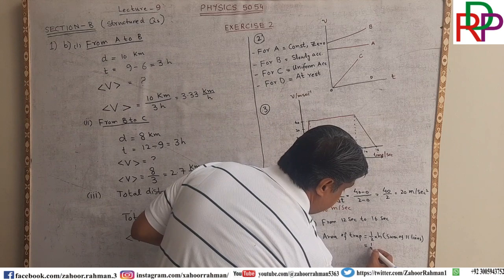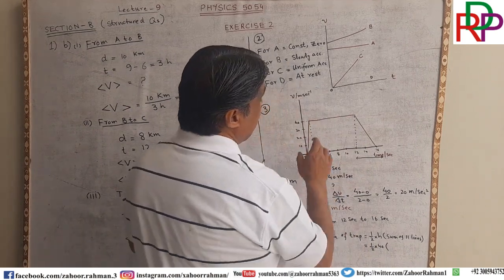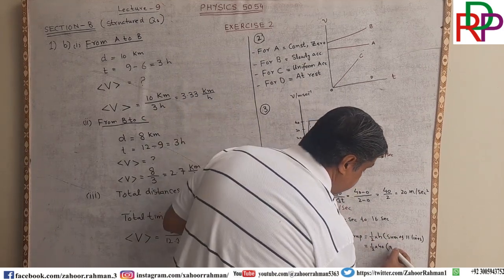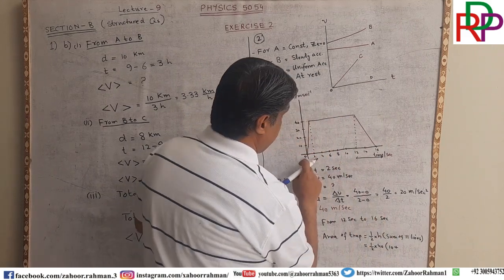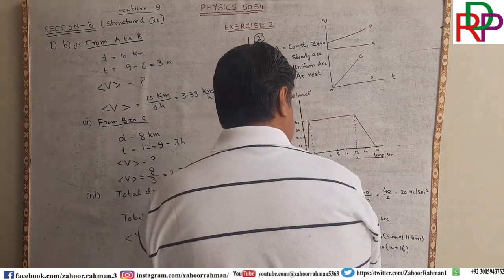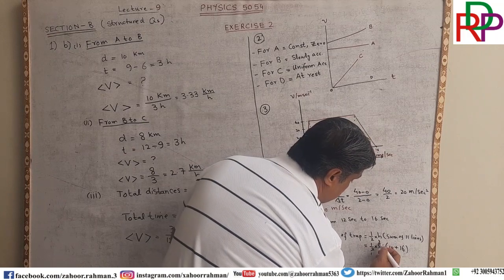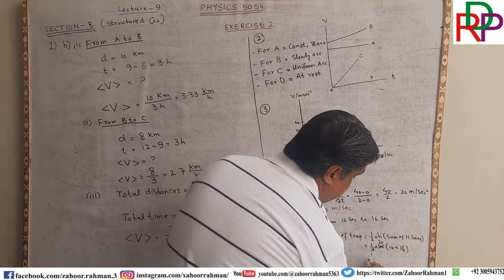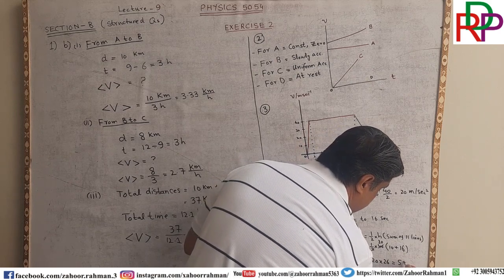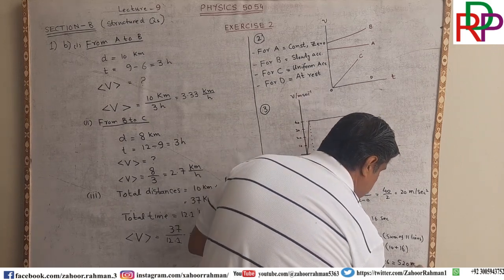So I am writing 1 over 2 into 40 into, what is this distance? 2, and that is 12. 12 minus 2, 10. Plus from 0 till 16. So it is 0 till 16. 10 plus 16 is 26. And then 20 multiplied by 26, which is equal to 520 meter square.